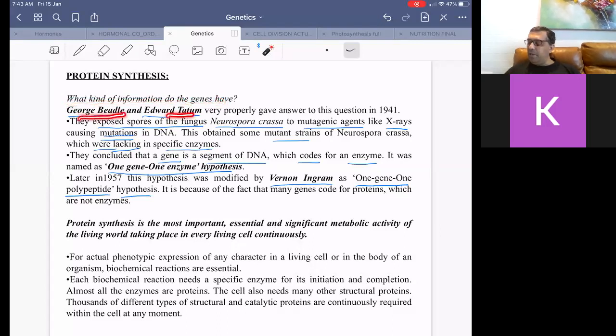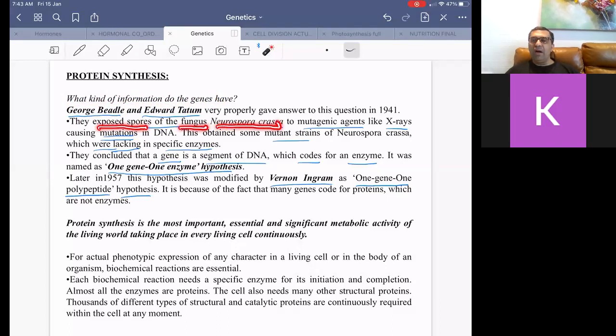Beadle and Tatum explain the concept of information of genes. They exposed spores of the fungus called Neurospora crassa. Remember, the sir had taught you Neurospora crassa is used for mutagenic studies.